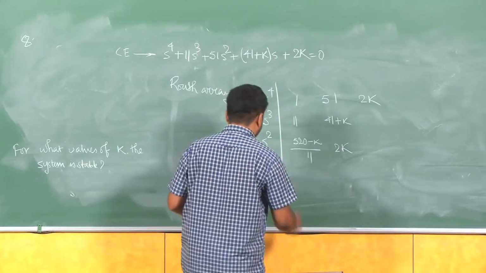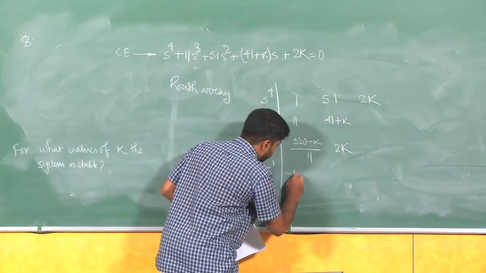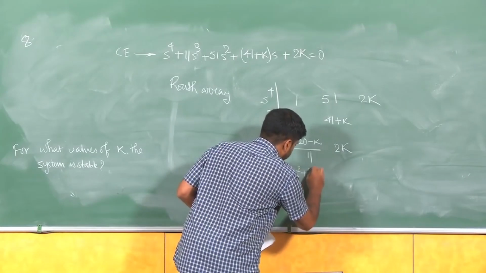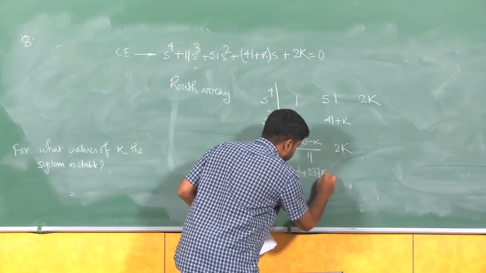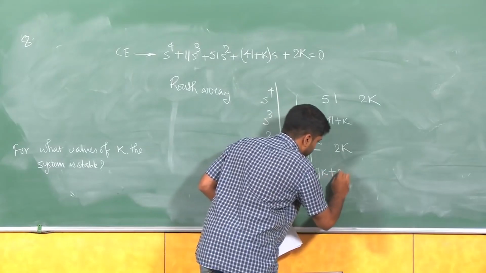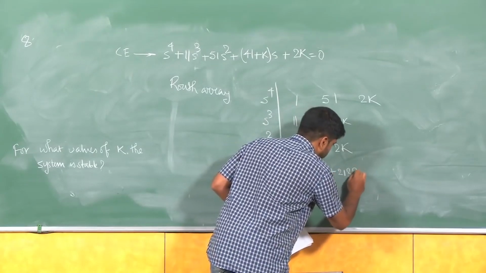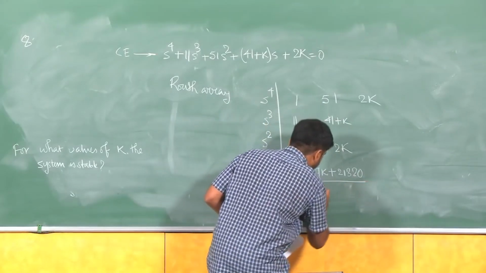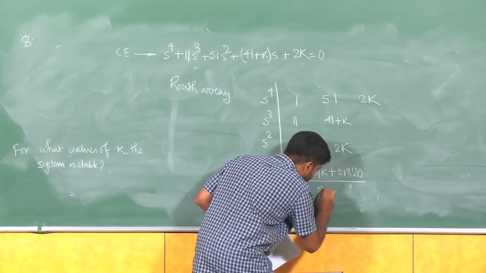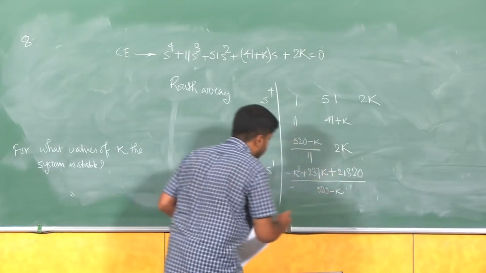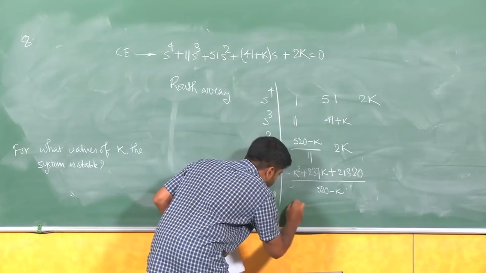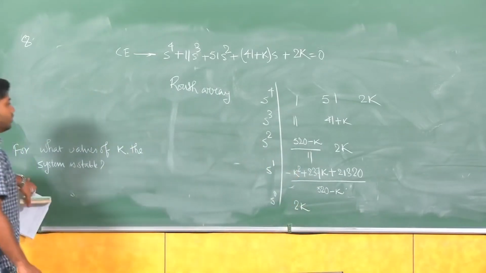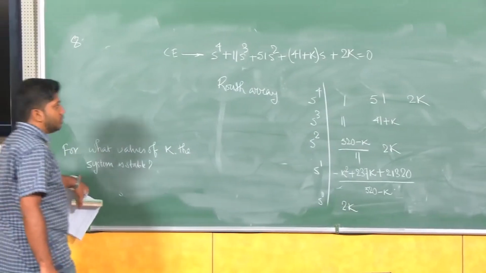S to the power 1 will be (minus K square plus 237K plus 21320) over (520 minus K). Okay. So, we have to find the values of K for which the system is stable.